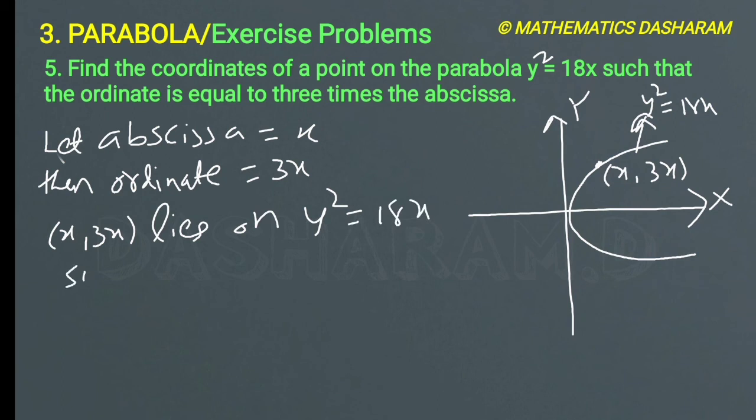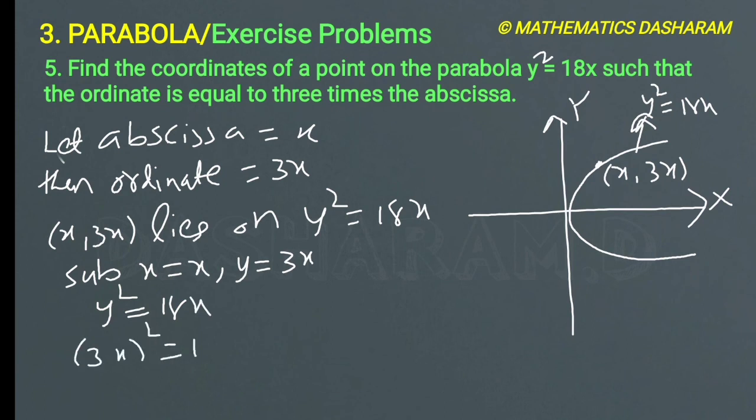So substitute the x coordinate as x itself, the y coordinate as 3x. Then y squared equals 18x is the given parabola. So (3x) whole square equals 18 into x. So 9x squared equals 18x.